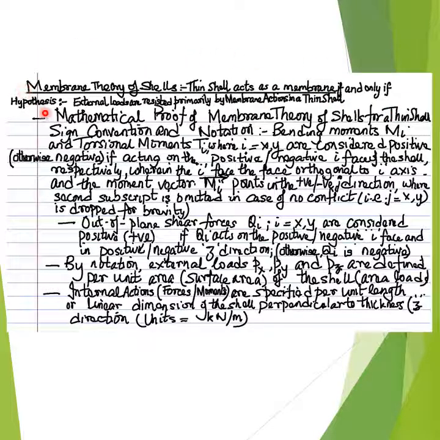Which is the necessary and sufficient condition for the shell to qualify as a thin shell and therefore a membrane, as expressed by equation number 1 presented in the previous slide.